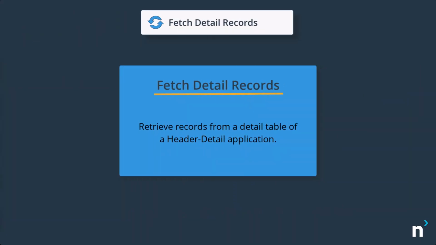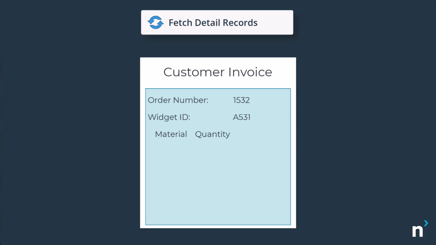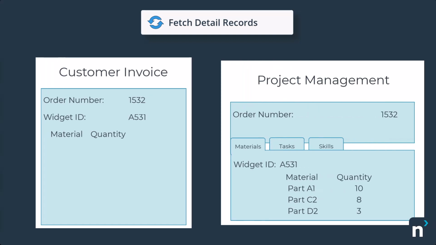Fetch Detail Records. Retrieve records from a detail table of a header detail application. Later, when it's time to create the customer's invoice, another logic block helps bridge the gap between production and billing. The developers created the invoicing application to fetch records from the project management application.